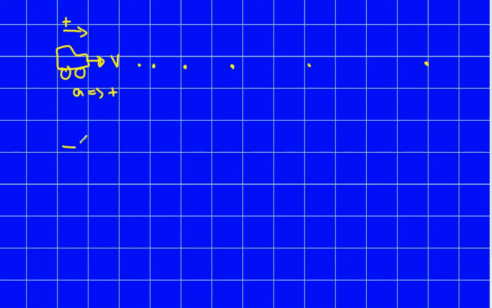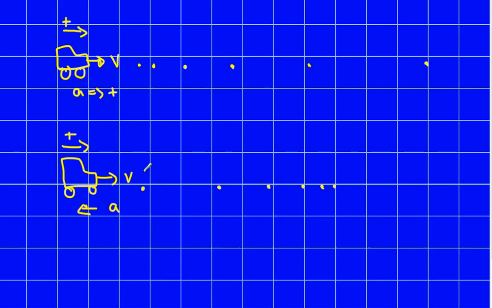Once again, let's call to the right positive. Let's say my velocity for my car is to the right, but my acceleration is to the left. What this object would be doing is slowing down. If it's starting off at a big speed, with dots being further apart, those dots are going to get closer and closer until the object stops.